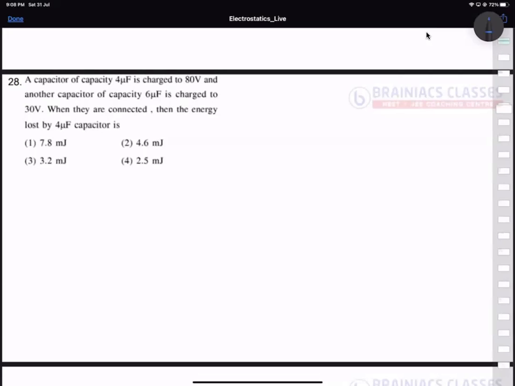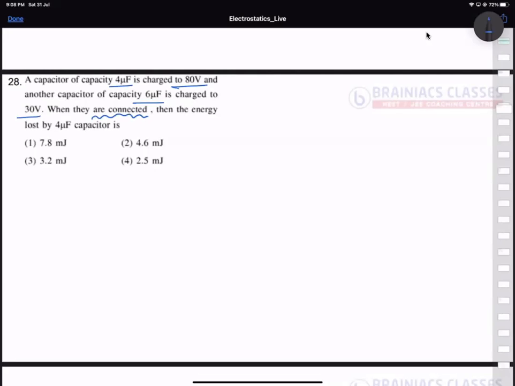Initially the 4 microfarad capacitor is charged to 80 volt. Another capacitor, 6 microfarad, is charged to 30 volt. Now the question is, when they are connected, the energy lost by the 4 microfarad capacitor. This is what we need to find out.